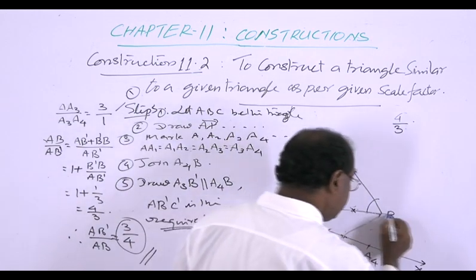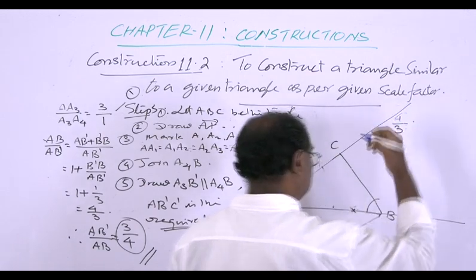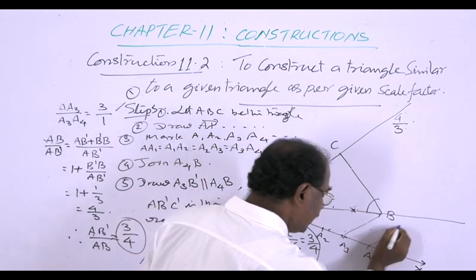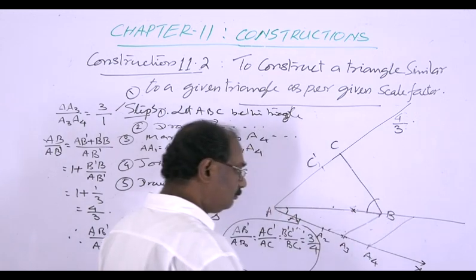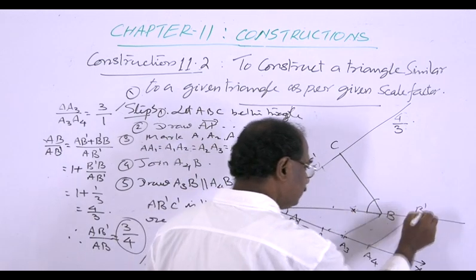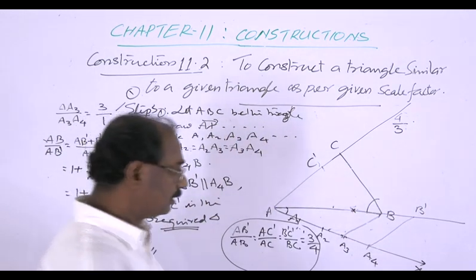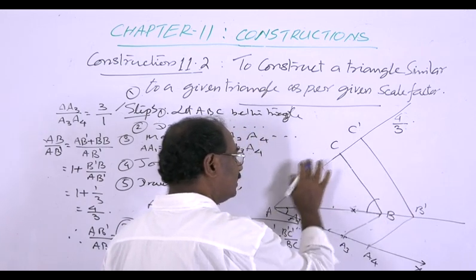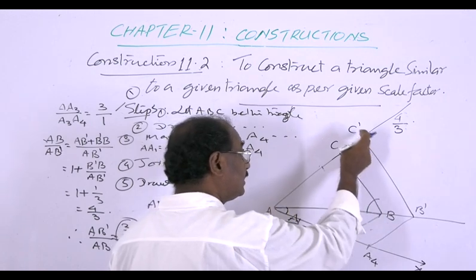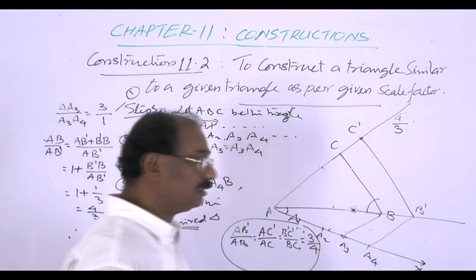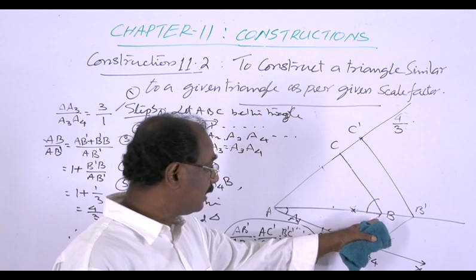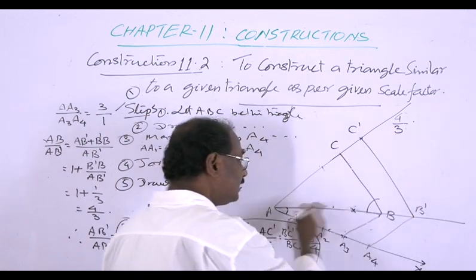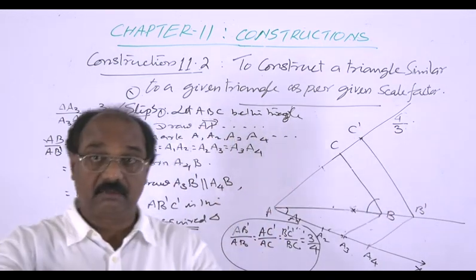Then extend AB and AC. Through this A4, draw a line parallel to this A3B, and here take this B dash. Draw B dash C dash parallel to this BC. Then AB dash C dash is the new triangle, the larger triangle.